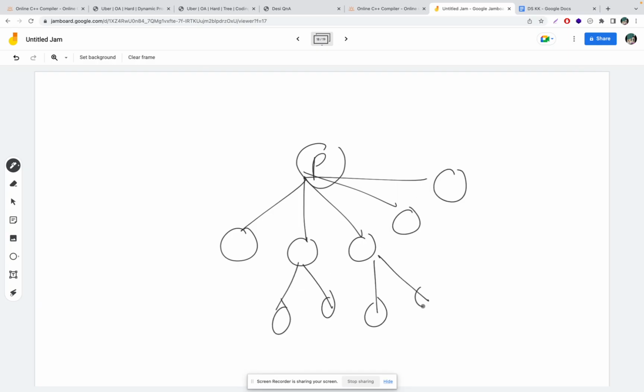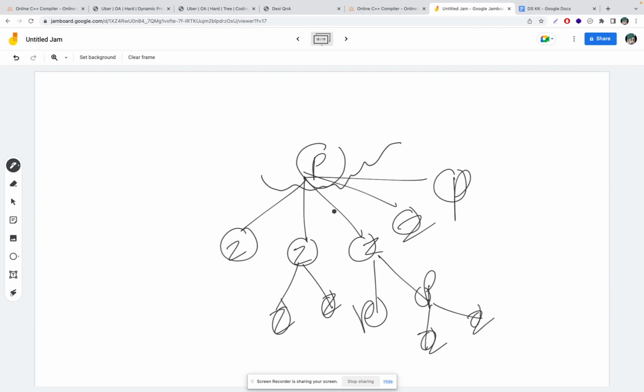Say this is Z, this is Z, this is Z, this is Z, this is Z, this is P, this is Z, this is Z, this is P, Z, this is P. So all you want below these nodes are the good nodes which don't have a prime number in them. You don't even want the subtrees which have a prime number in them. So you consider this one, this one, this one. As soon as you find a P, you ignore it. As soon as you find a P, ignore everything below P.